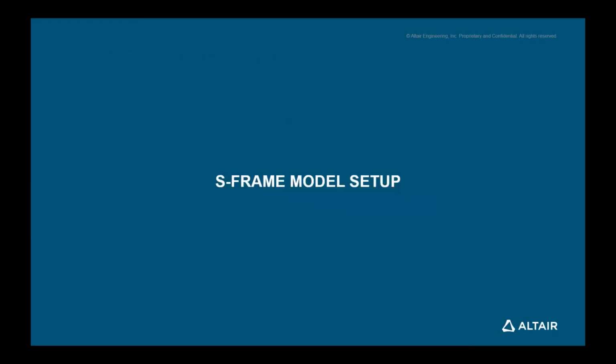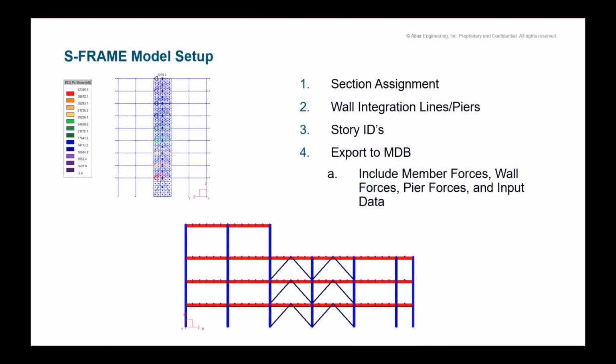But before we go into the multi-story designer, we need to set up our model. In this case, it's an S-frame model. So what we need to do is basically to have our model, our geometry, and these are the 4 important steps that we need to have before working with a multi-story design.